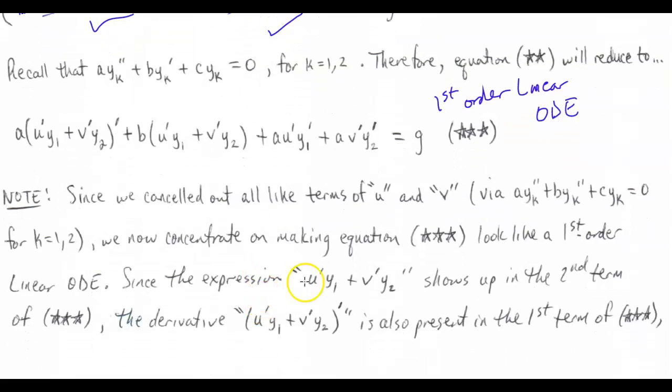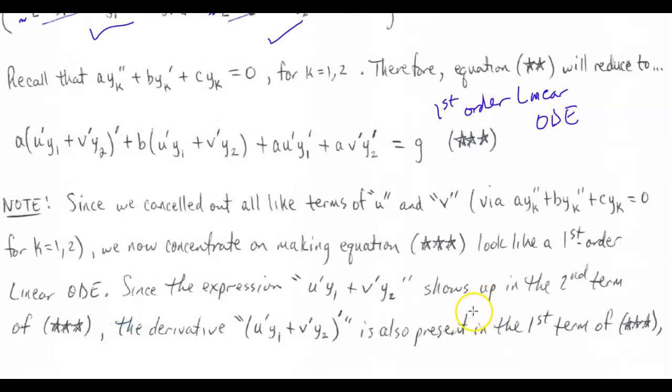Since the expression u prime y1 plus v prime y2 shows up, and again, just to make sure that you're not confused with this, I have that in quotation. So this is u prime y1 plus v prime y2.